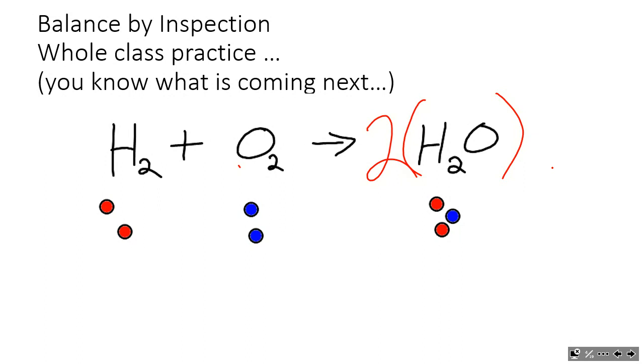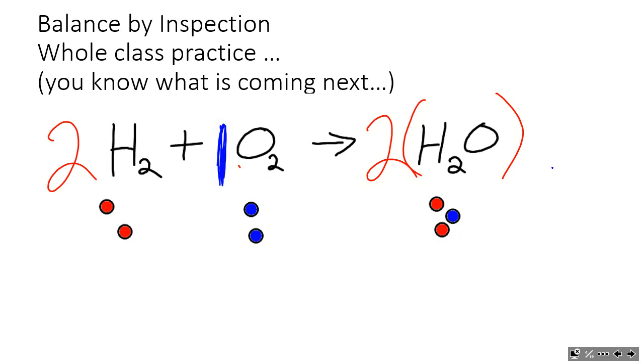All right. So, if I put that 2 there, that applies to everything on that water molecule because I'm saying there are 2 water molecules. Right? Well, wait a minute, that screws things up. Now I've got to have how many? 4 hydrogens. How am I going to get that? Don't forget, that 1 is still there.